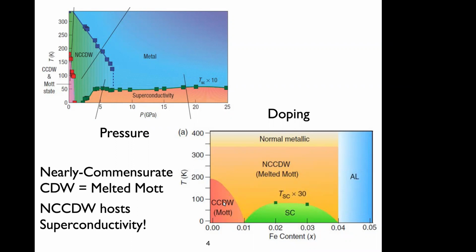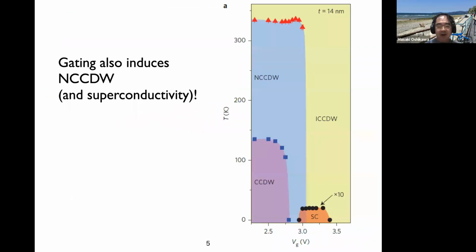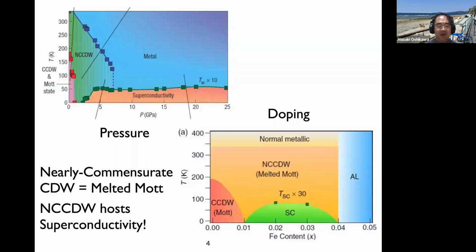Masaki, so first, can I ask you a question? Yeah. This is Shankar. Is this charge density wave Mott state antiferromagnetic, or does it not have any magnetic properties? So, yeah, I think this is also subject to debate.